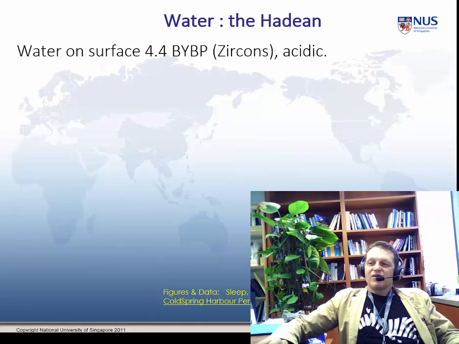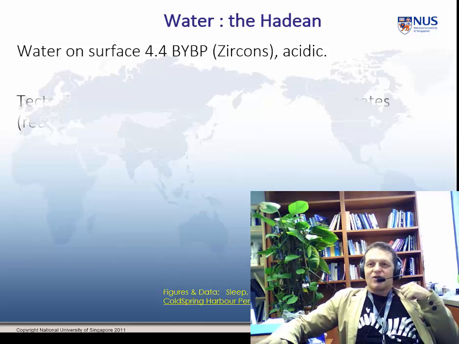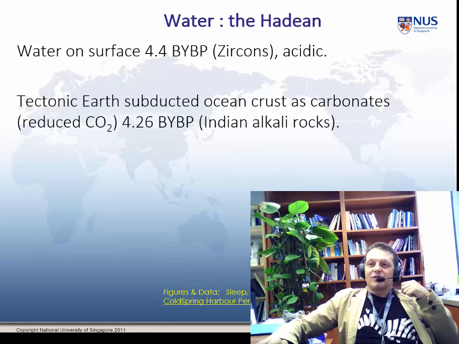Okay, we've actually got evidence in the form of zircons, which are minerals which form under acidic circumstances. We've got evidence of zircons at 4.4 billion years before present. So there was some water in some areas on the surface 200 million years ago, even before the mafic rocks were formed. But we've got the formation of zircons.